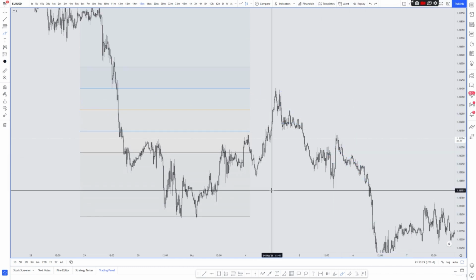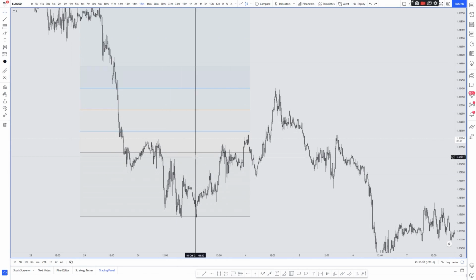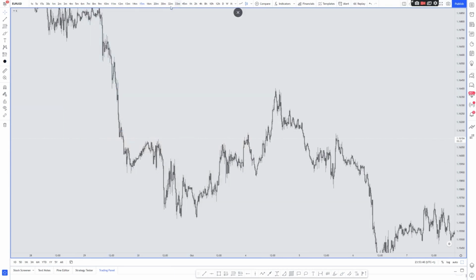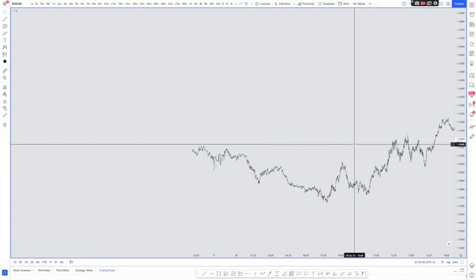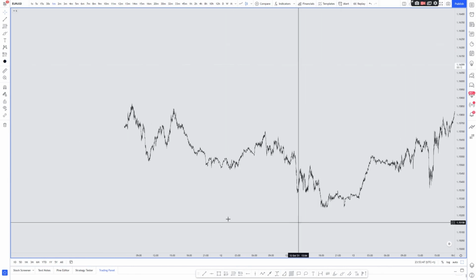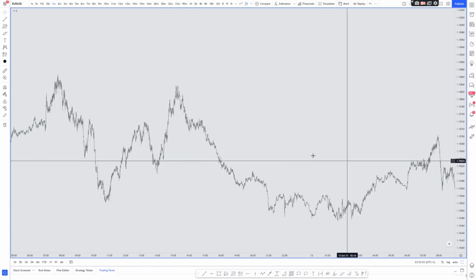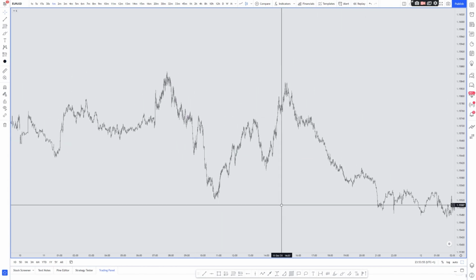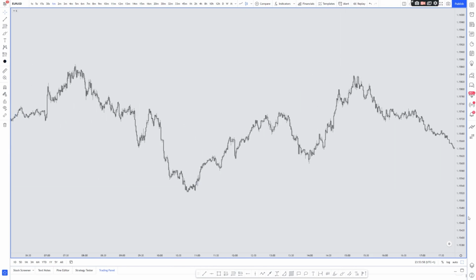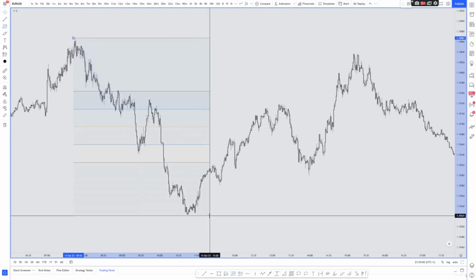And I always like using the fib anytime I'm going counter trend, just to let me know where the trend is likely to stop. So even if we just jump on the 1 minute quick, which is going to be your execution time frame a lot of times, this would be the high of a 15, this would be the low of a 15, and essentially, again, if you are playing the pullback, you're going to have your fib pulled from the high to the low.